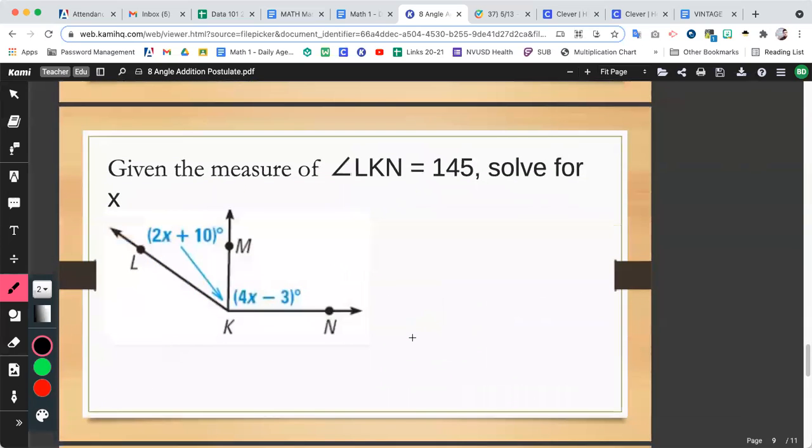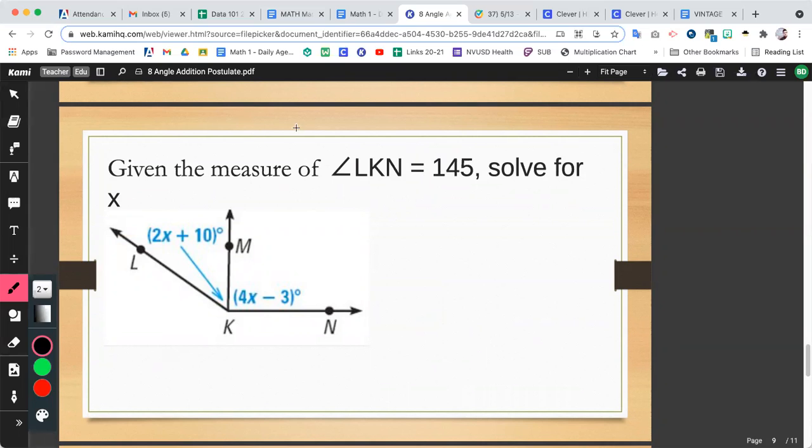Now, in this problem, we don't have a definition. There's no bisects. So really what we have to do is read the problem and figure out what they're asking us to do. So given the measure of angle LKN is 145 degrees. Okay, solve for x.